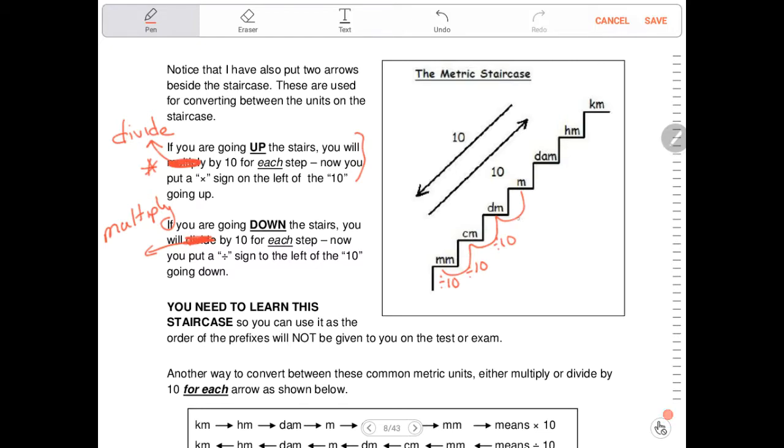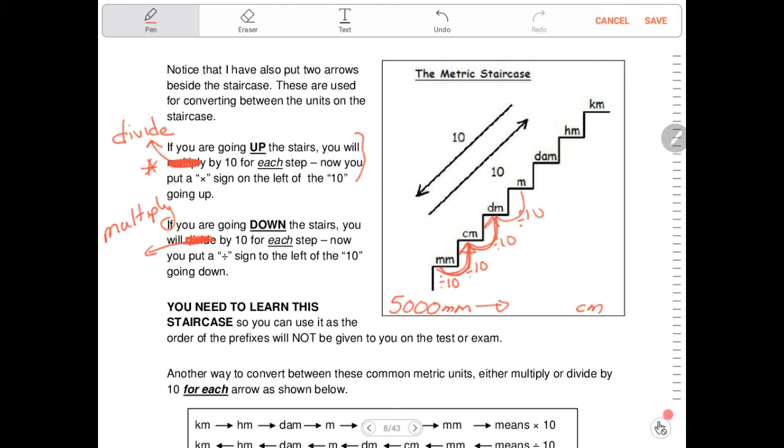So let's just imagine that I had 5,000 millimeters, and I want to go into centimeters. One strategy you can use is divide by 10. Well, how many stairs is that? So let's see. If I divide by 10 once, I'm here. Divide by 10 again, I'm here.